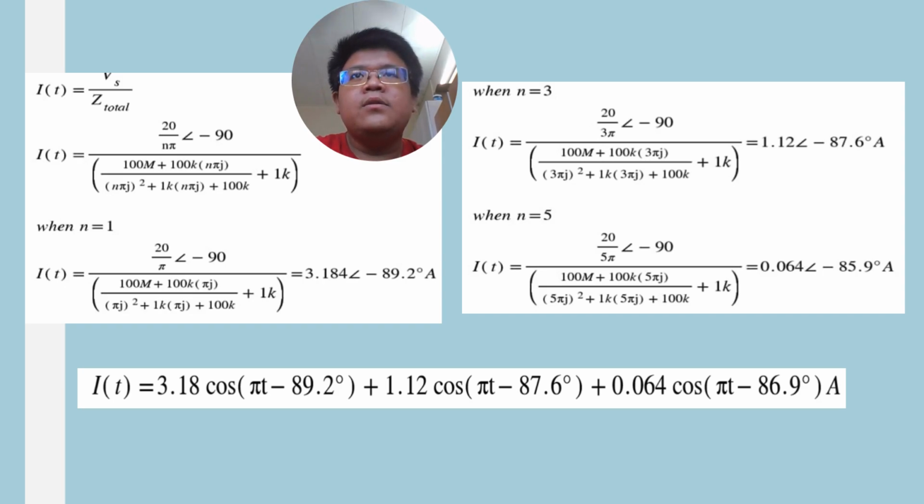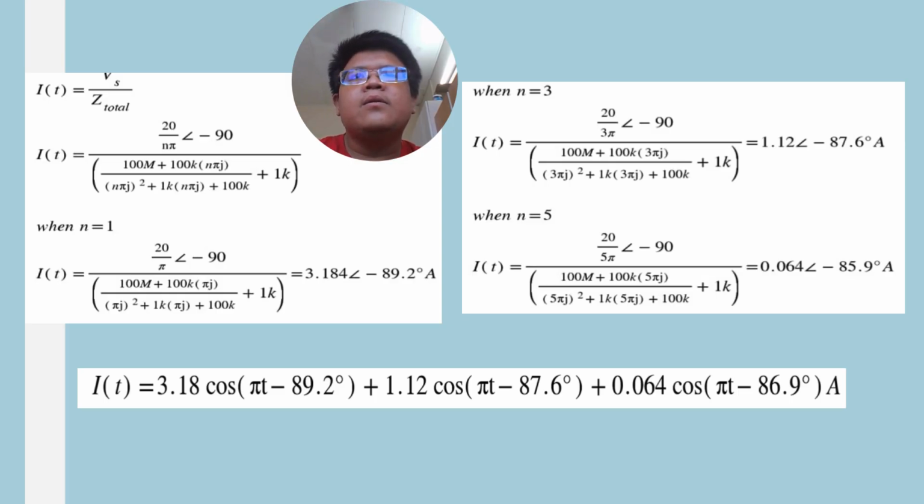After finding the voltage, we need to find the current by using the formula Vs over Z total, and this is the equation. Then we substitute n with 1. The current is equal to 3.184 at negative 89.2 amperes. When n is equal to 3, the current is 1.12 at negative 87.6 amperes. When n is equal to 5, the current is 0.064 at negative 85.9 amperes.